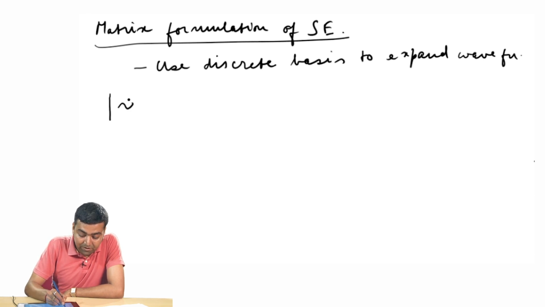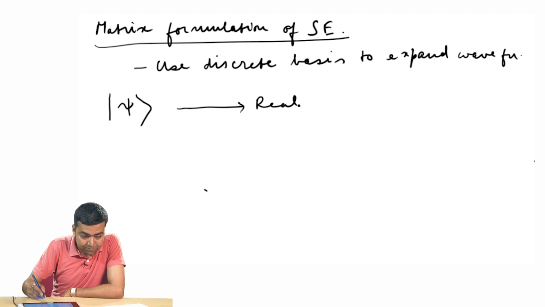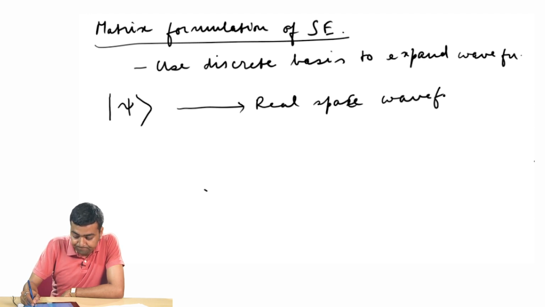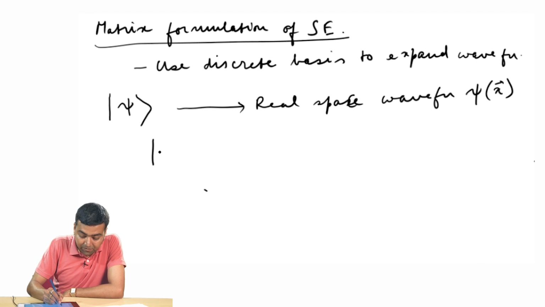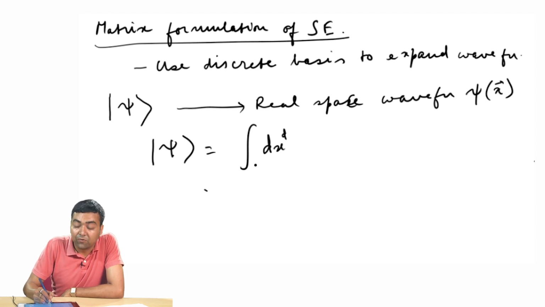In bracket notation, the wave function psi can be related to its real space wave function, which I denote as psi of x, using the following equation. So psi is an integral over d dimensions; it is valid in 1 dimension, 2 dimensions, 3 dimensions and multiple dimensions.